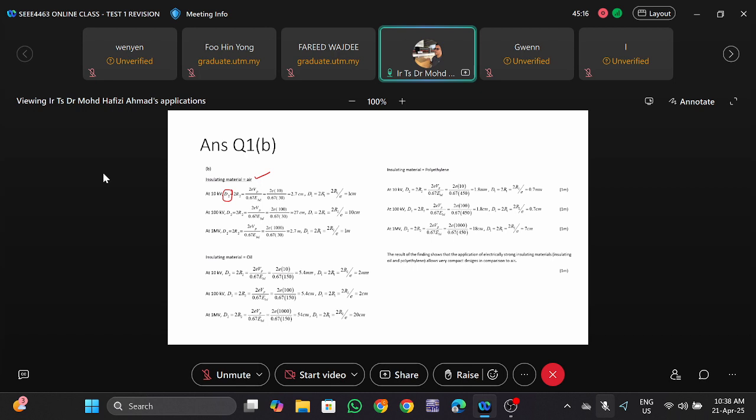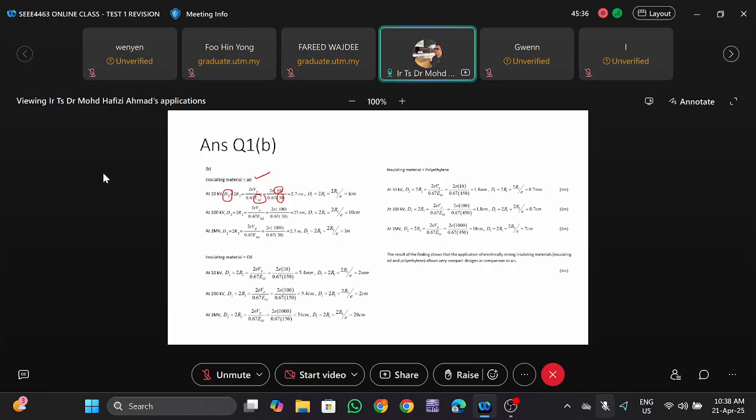We are using this formula. So 10 kV, with 30 kV per centimeter for the breakdown strength of air. If we apply 10 kV, you will see that D2 is equal to 2.7 centimeters.